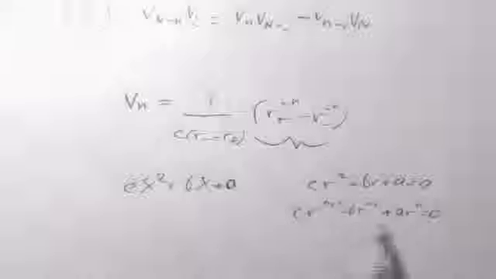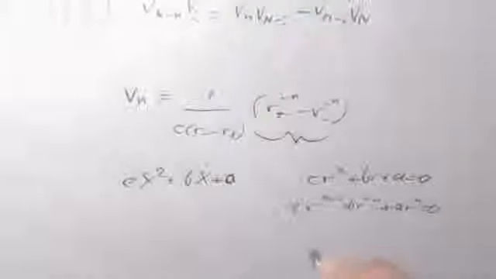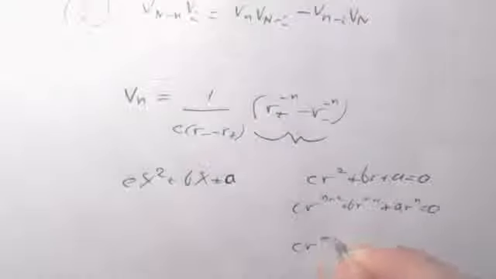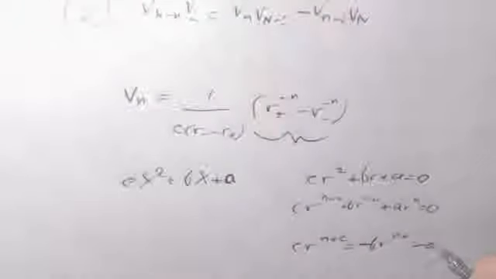And this here gives us a recurrence relation for powers of r. So you have that c r^(n plus 2), and if we know r^(n plus 1) and r^n, it's minus b r^(n plus 1) minus a r^n.